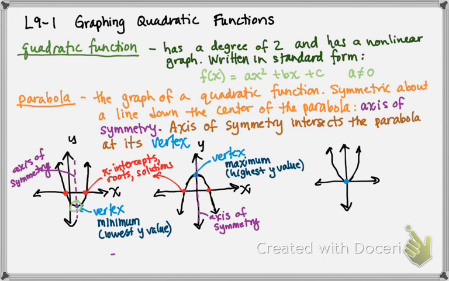That's another possibility that we can have. So this point plays two roles. It's the vertex, and it's also, I'm going to put a red ring around it, the x-intercept.